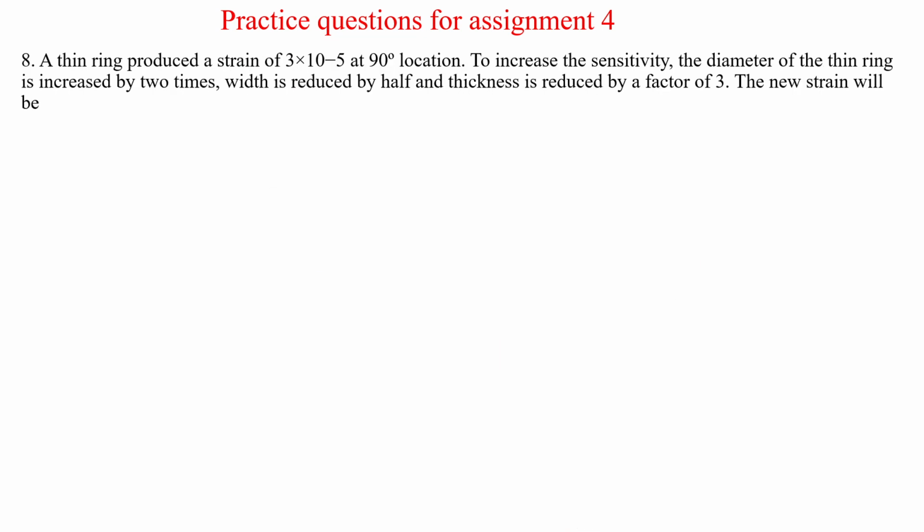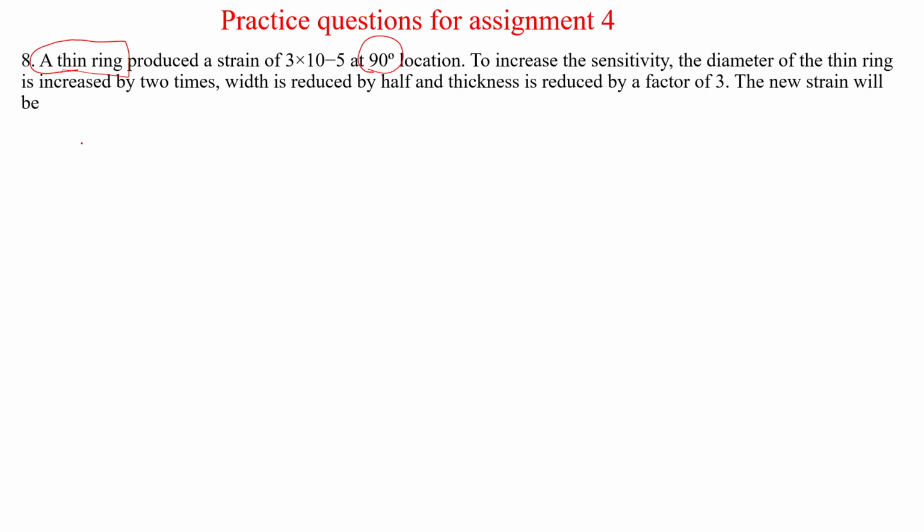Yes, sir. The next question is that now you have to read thin ring, that is thin ring type force calculation, and it is given at 90 degree only. So you know what is the strain value at 90 degree?